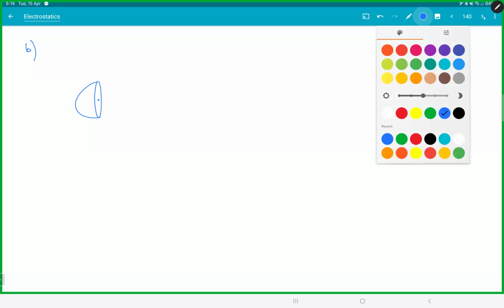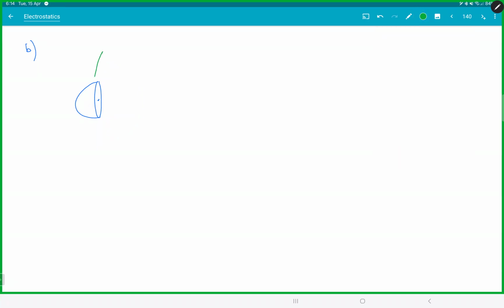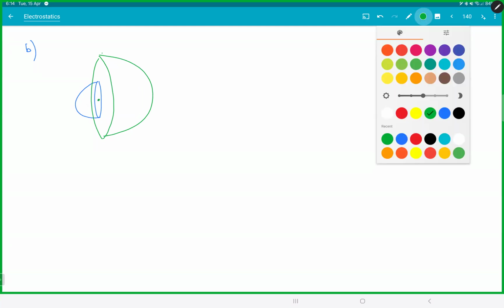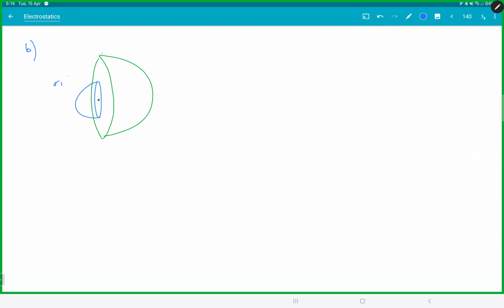Common center. Let me use another color. There is a common center there. So same story, sigma 1, R1, sigma 2, R2. Now find the force between them.